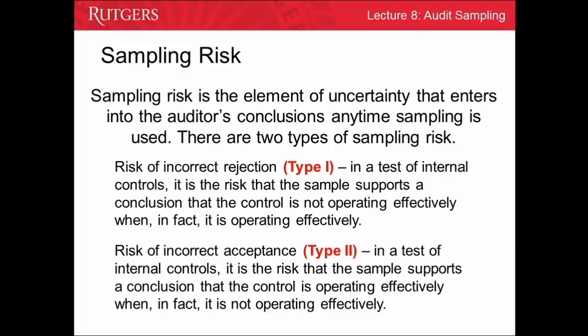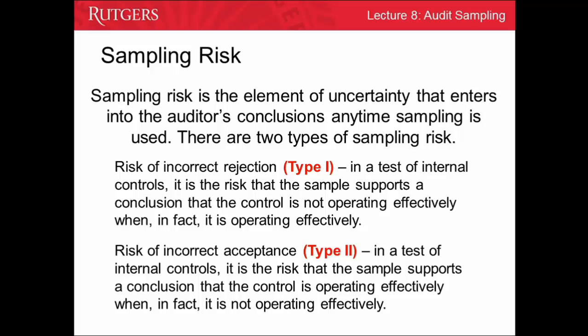When sampling is used by an auditor, an element of uncertainty enters into the auditor's conclusions. This element of uncertainty is referred to as sampling risk. Sampling risk refers to the possibility that the sample drawn is not representative of the population, and that as a result, the auditor will reach an incorrect conclusion about the account balance or class of transactions based on the sample.